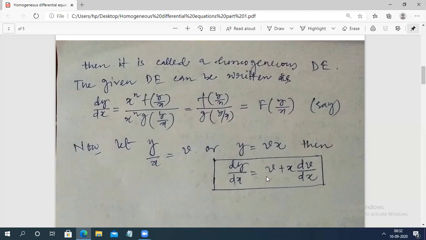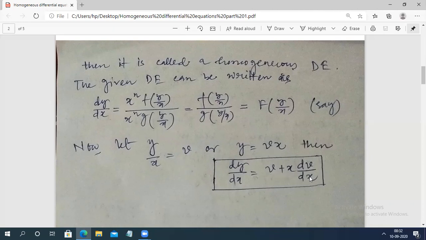So first function into differentiation of second, that is 1, plus second function, that is x, into differentiation of first, that is dv by dx. It means we can replace this dy by dx with v plus x dv by dx.